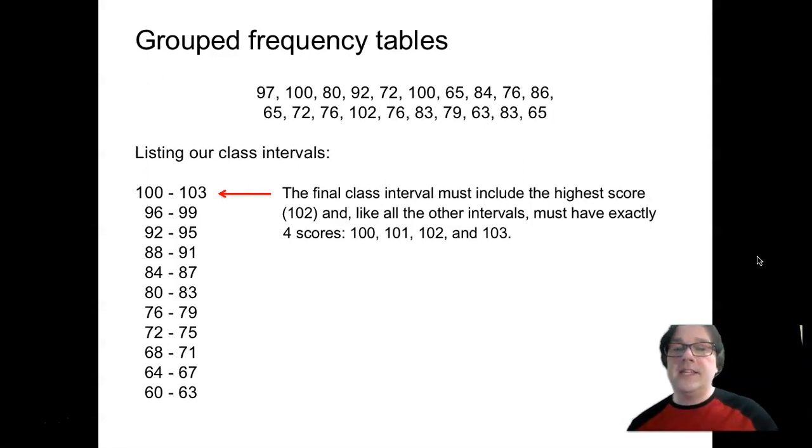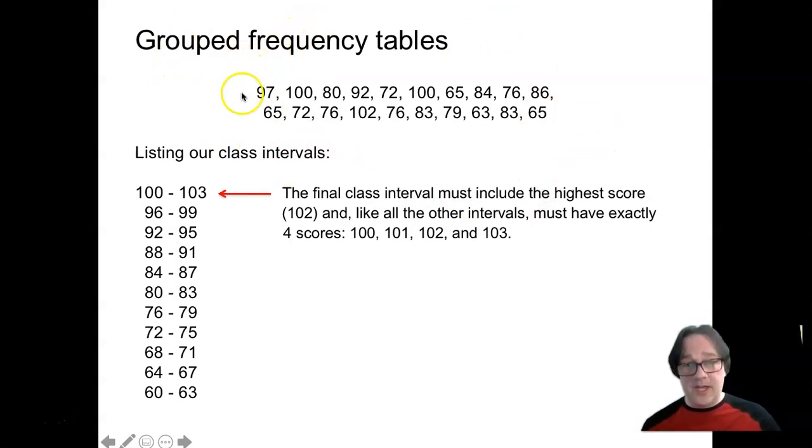So between these 10 classes here, all of our scores up here are going to fall into one of these 10 classes, okay? So we're just going to go ahead and repeat what we did for the simple frequency distribution, except now, of course, we're using groups instead of single scores.